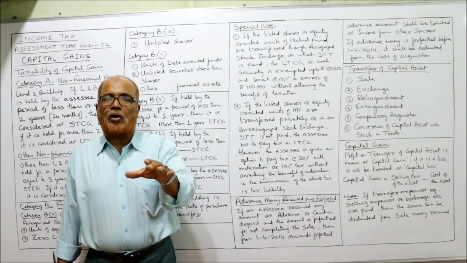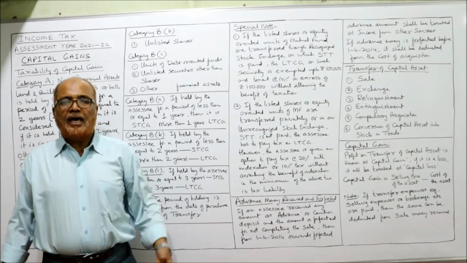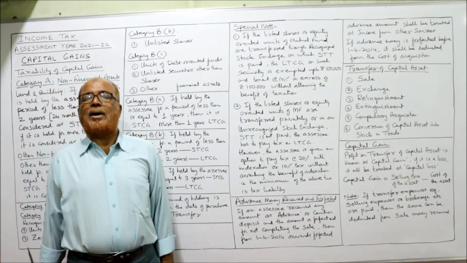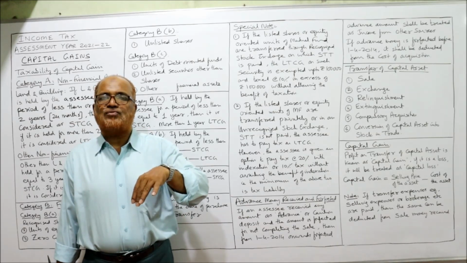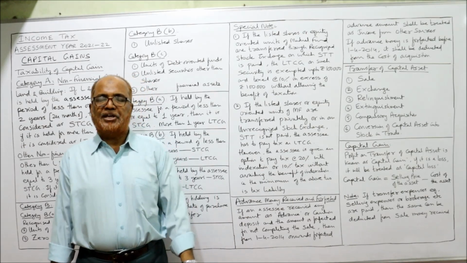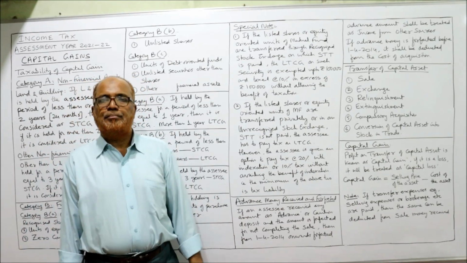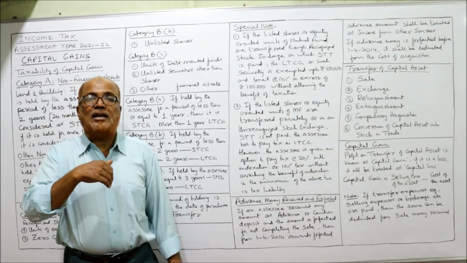Third one, relinquishment. Voluntarily transferring the property by one person to another person. Example, in the case of a partnership, a partner voluntarily has transferred his property in the name of the partnership firm, without any compulsion. On his own, voluntarily he has transferred.